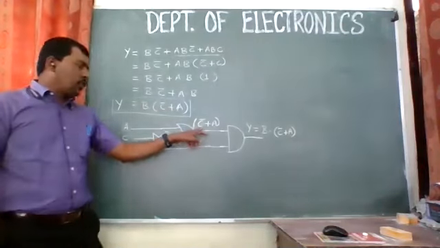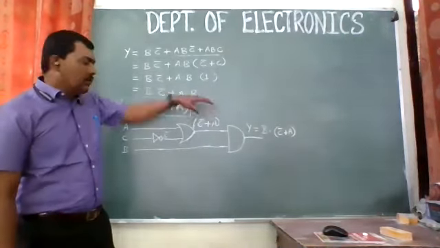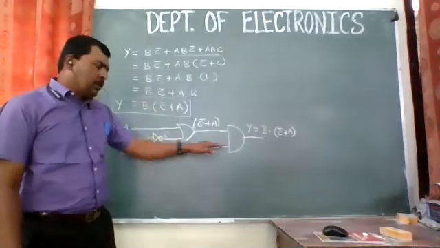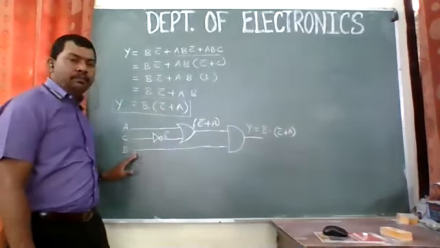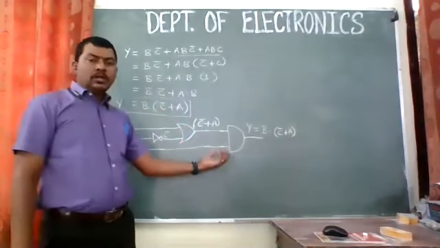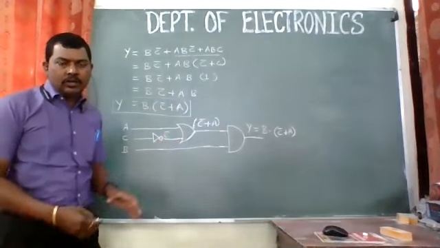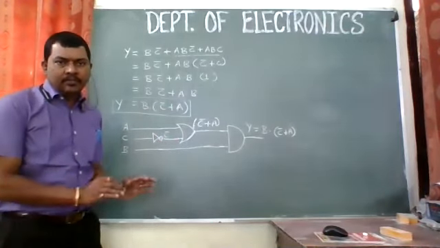I've got at the output of the OR gate C bar plus A. Now this term is multiplied by, or the dot product of, B. So B dot C bar plus A can be got by ANDing the two outputs. I guess you have understood how I have drawn that circuit.